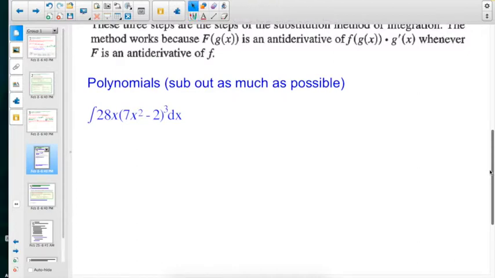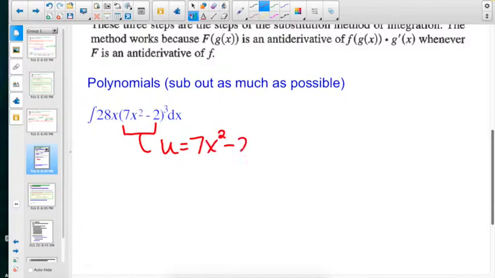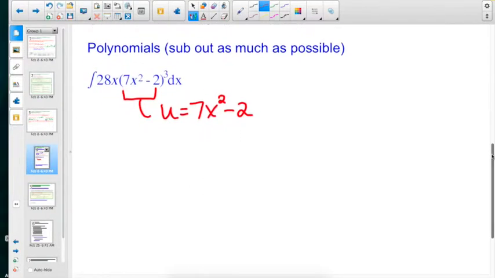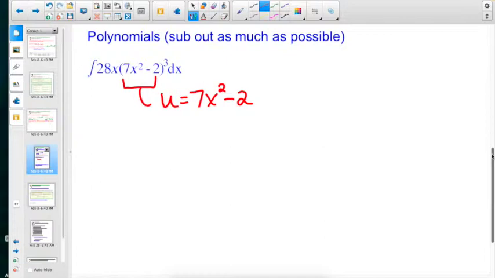This is similar. Do you see a function and do you see a derivative? Yes. Okay, what are we going to call our function? 7x squared minus 2. Yep, and we are going to label it U. I agree. So I'm going after that function, and if you notice, really what we're focusing in on is, do we have a set of brackets where we can pull something out of the brackets and just call it U?